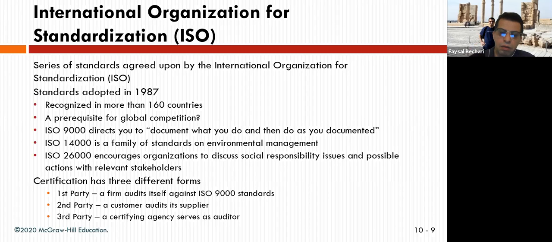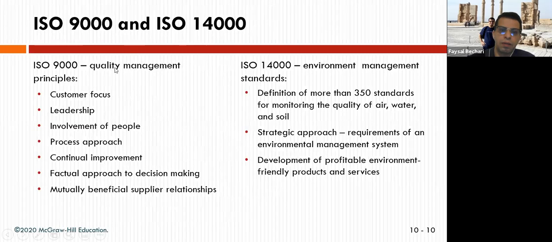The second type is a customer auditing its suppliers. So you go and audit and see whether they are doing up to the standard. And the third type is a certifying agency, a third party, comes and audits you on whether you're performing. And there are three types, all of them acceptable in the market.